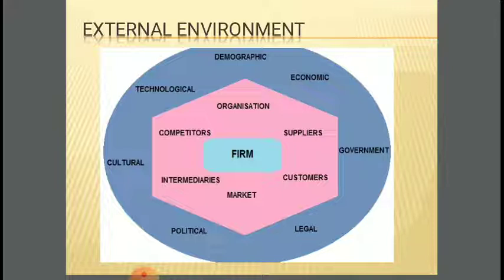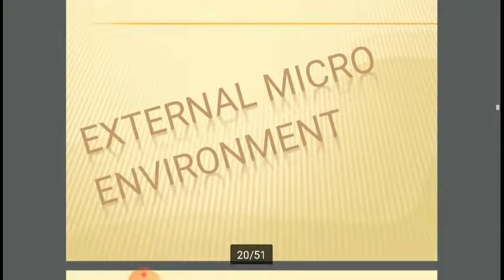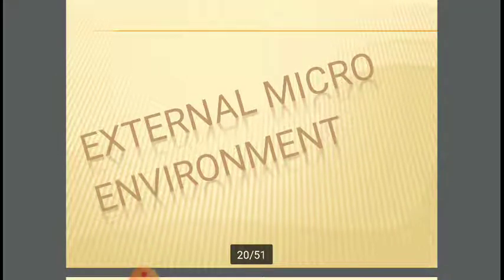So now moving on with the discussion, we will always say external micro and external macro environment. Today we will start with the external micro environment. See, in the last lecture I told you that environment is a collection of those factors which are affecting the organization. Some are within the organization, some are outside the organization.